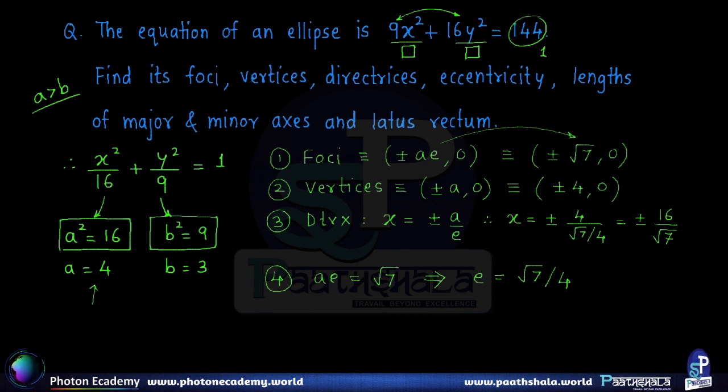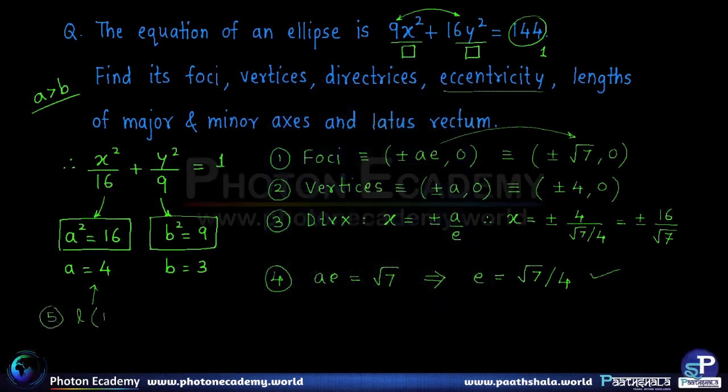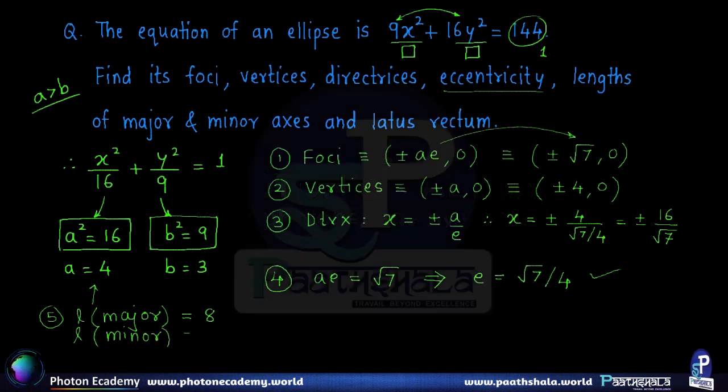Then we already found out eccentricity. Then lengths of major and minor axis. Here length of major axis is nothing but 2a, and a is 4, so length of major axis is 8. Then length of minor axis is given by 2b, and in our case b is equal to 3, so length of minor axis is 6.